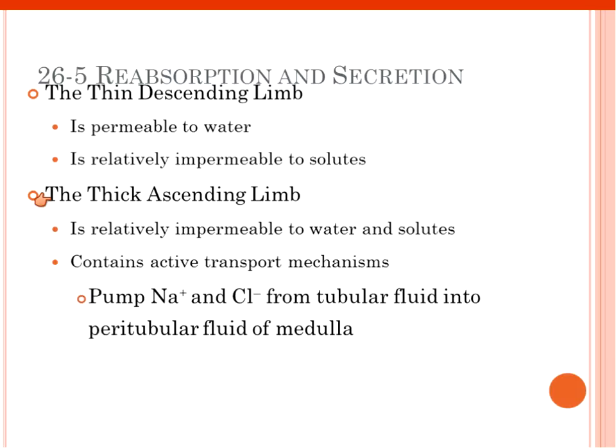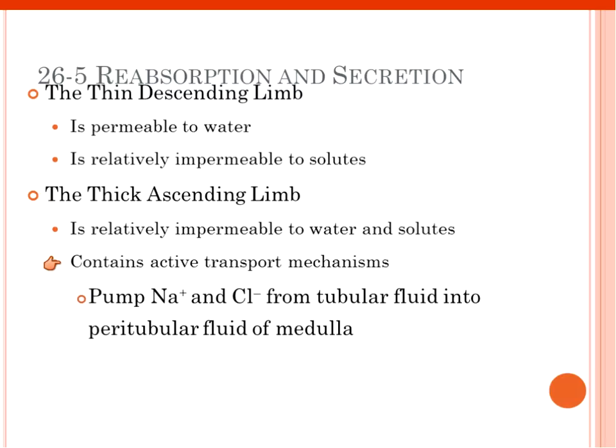On the ascending limb of the loop, however, it's a little bit different. It's relatively impermeable to water and other solids. So without having this active transport mechanism, it wouldn't be able to push things like sodium and chloride out. If we just left it alone and it didn't have this active transport mechanism, then it would kind of behave in the same way as the thin limb.